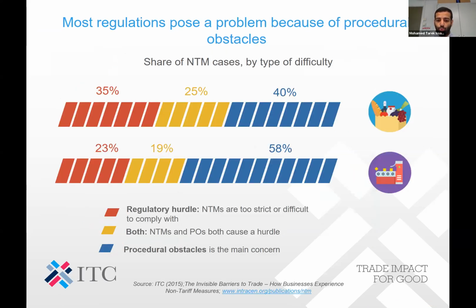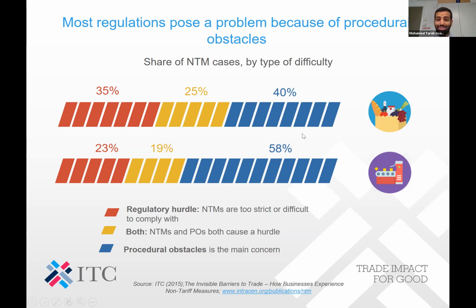And remember, when we talked about NTMs, we said that sometimes it might be challenging to comply with a measure because the measure is very strict. And here you can see that for agriculture and for the manufacturing sector, it might be challenging to comply with the measure because of the regulation itself, but it's more challenging because of procedural obstacles.